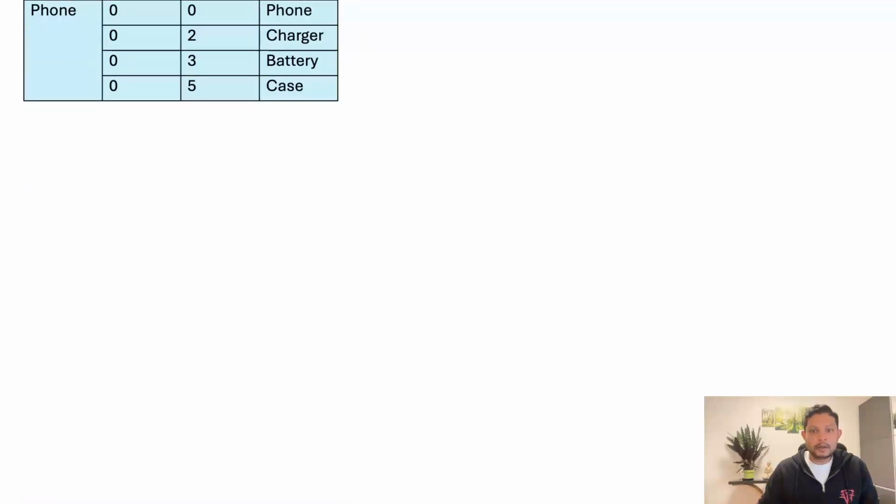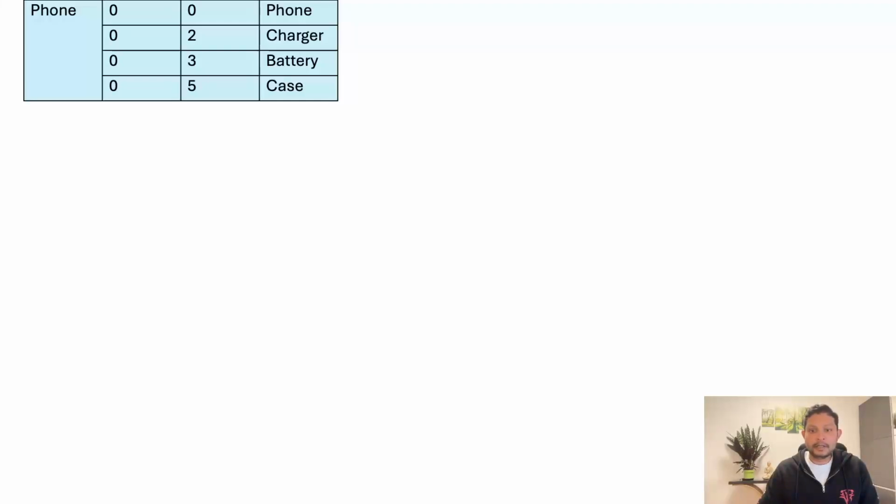Now we see how the mathematical calculation works and how to determine the score. You notice here the different color indentation. You can follow the color indentation to relate to the respective nodes. Okay. From our graph data, phone is connected to phone itself and then charger, battery and case.